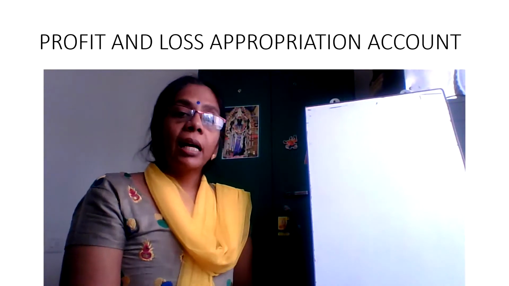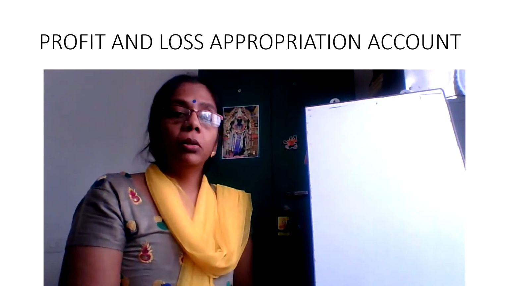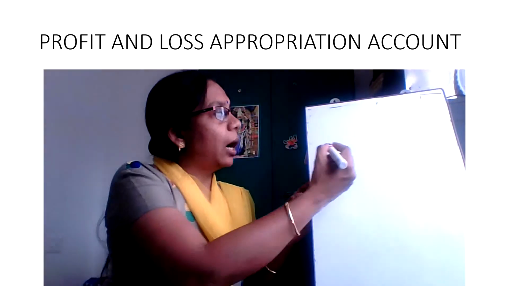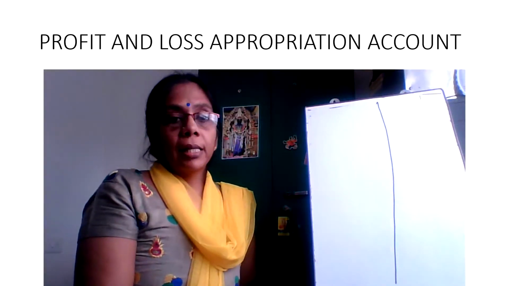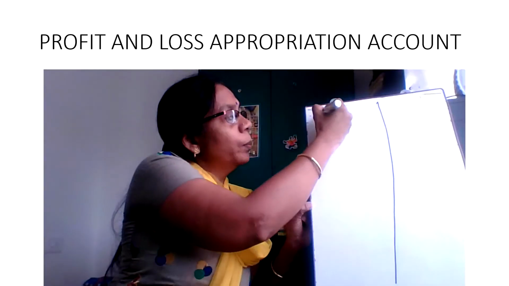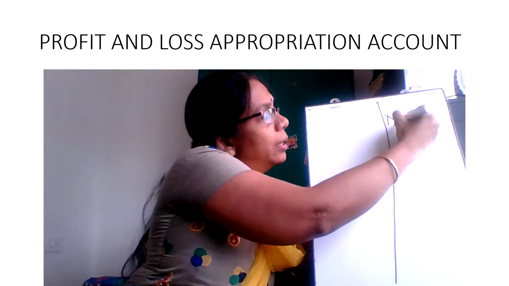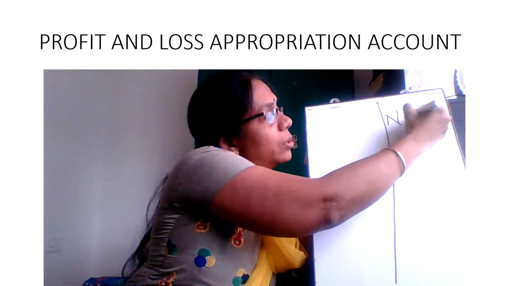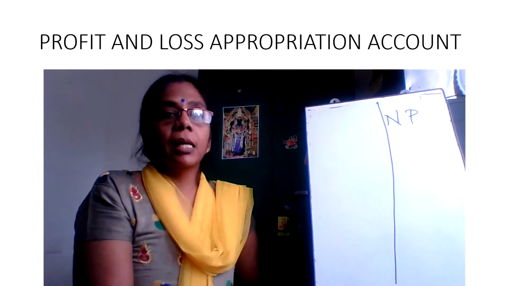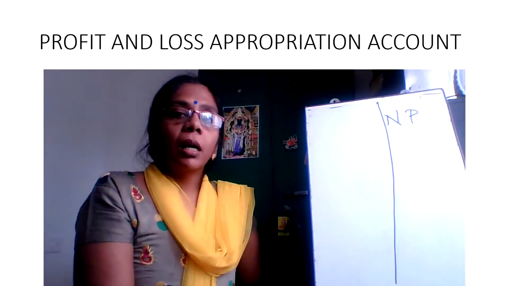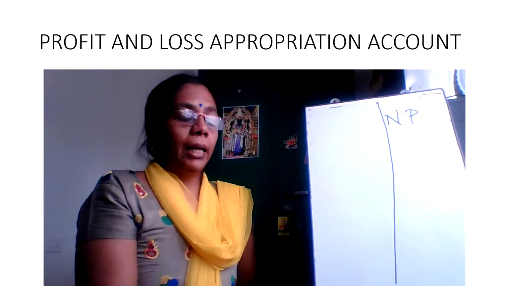So once you have understood the opening entry of this appropriation account, let us also examine how the various aspects are entered into this appropriation account. As I told you, it is a T table. Debit and credit sides exist. Now, let us first assume that we are going to start with a net profit balance.